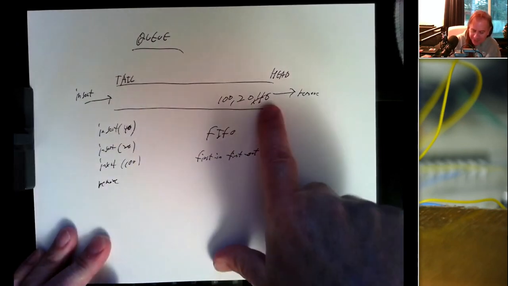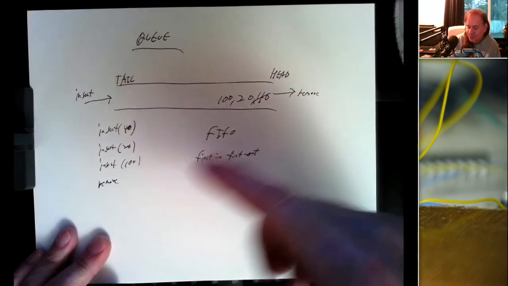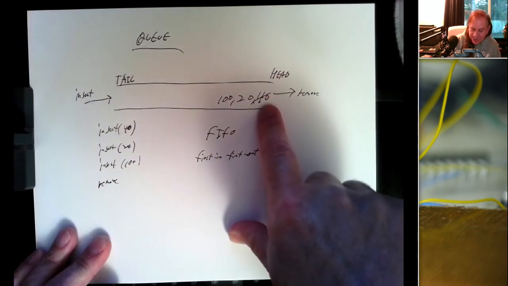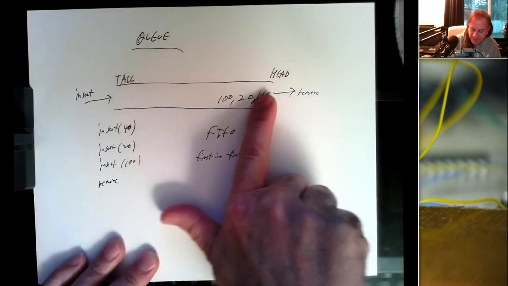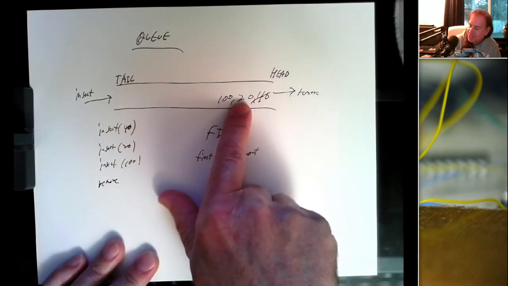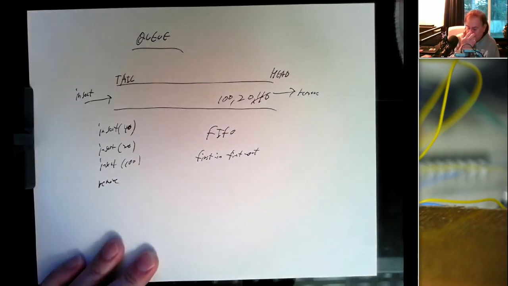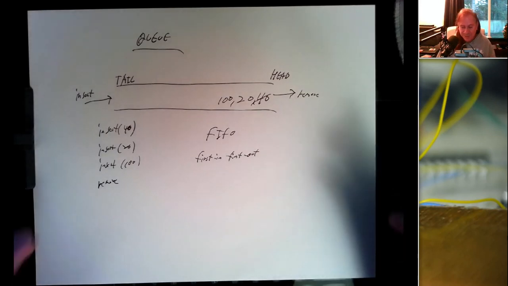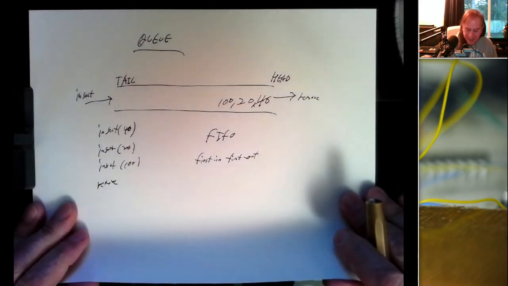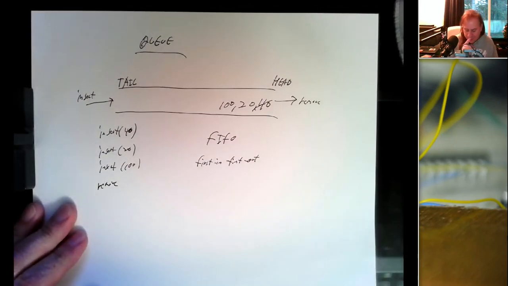Whoever's at the front of the line is walking into the door or getting their groceries rung up. When they're done and gone, whoever was second in line moves up to first place. So it's another notion that we're familiar with in everyday life, this idea of lining up. That's all that a queue is.